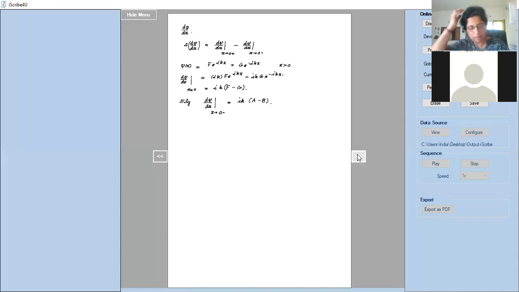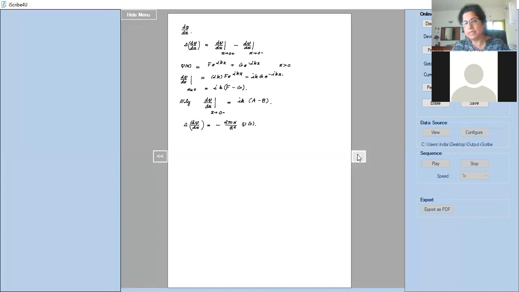And from what we already derived for the bound state itself, the discontinuity in dψ/dx is also equal to minus 2mα by ħ squared, ψ of 0.